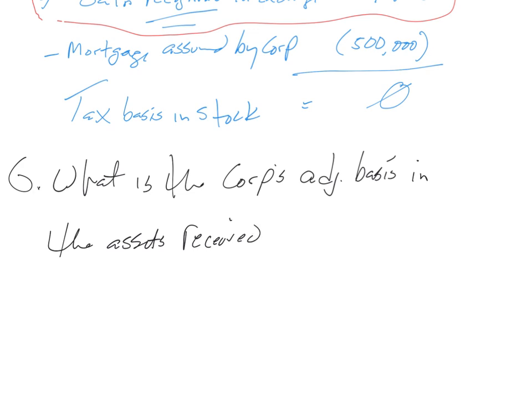All right, so what is the corporation's adjusted basis in the assets received? Okay. All right, so remember that typically you get carryover basis, right? So normally the tax basis to the corporation is the carryover tax basis, okay? But in this situation, we also have that gain, right, that she recognized. So the gain recognized impacts here too.